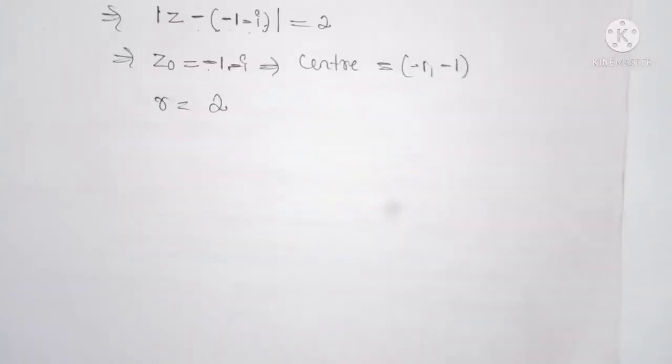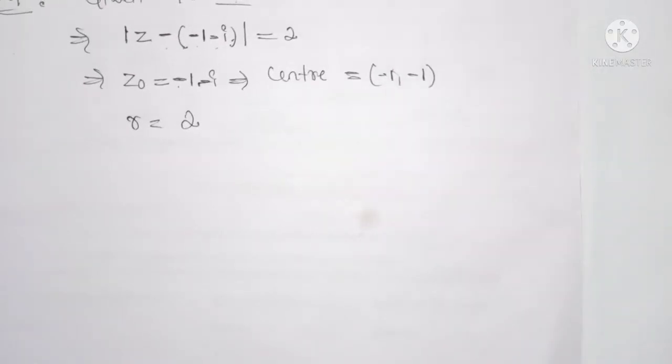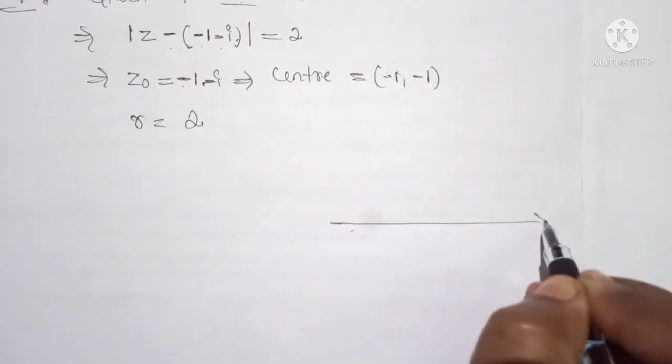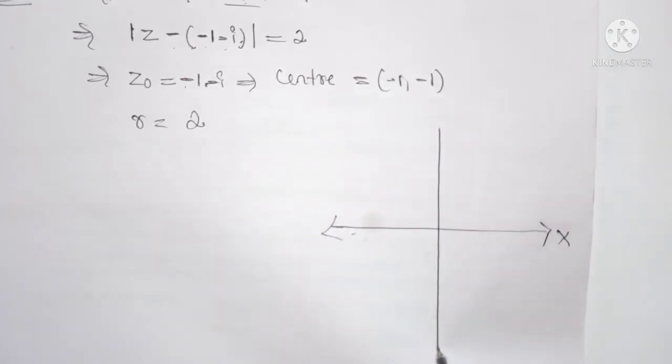So let us draw a circle roughly with the center minus 1 comma minus 1 and radius equal to 2. So this is our plane.